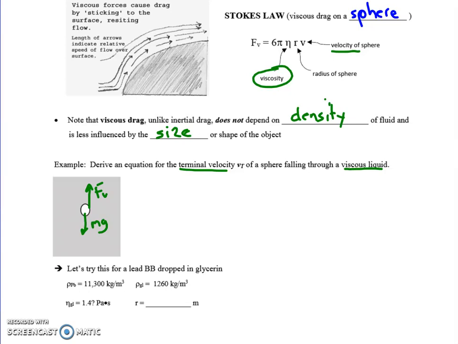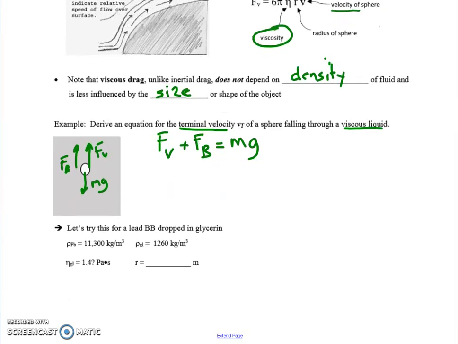Since it's in a fluid, don't forget that there is buoyancy, right? The fluid is holding it up. So what we can say is that the viscous drag plus the buoyancy equals the weight of the object.